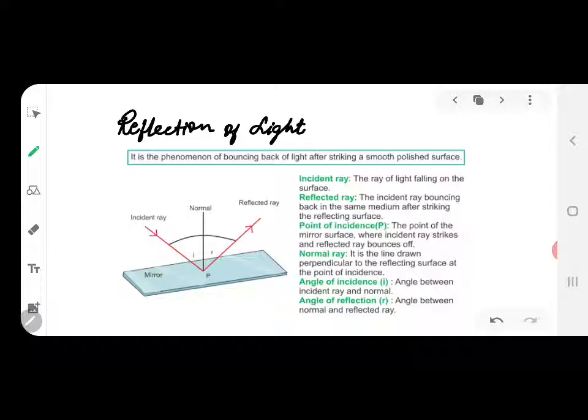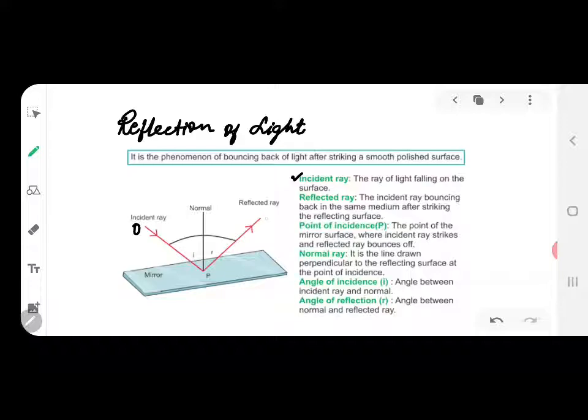Now, in the diagram, you can see that a light ray strikes a mirror at a point P and then it gets reflected. The light ray that is hitting the surface at point P, if I name it as OP, then OP is the incident ray, the ray of light falling on the surface.